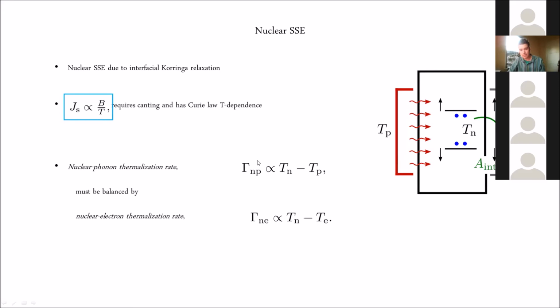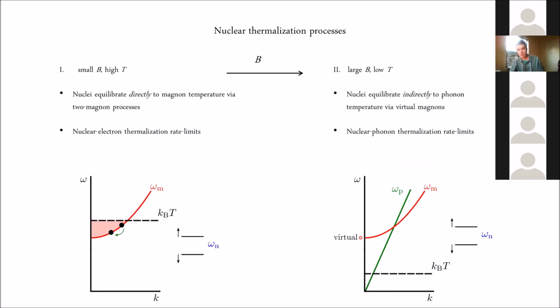The energy going in would be proportional to the temperature difference between nuclei and phonons, and the energy going out would be proportional to the difference between the temperature of nuclei and the electrons. And then these proportionality factors are what we worked out in our theory. And this thermalization was actually able to explain the non-monotonic field dependence.